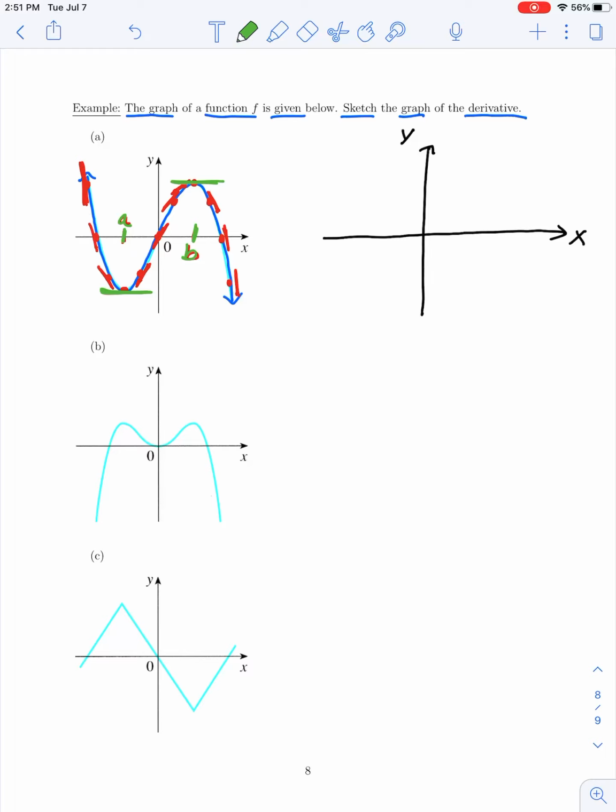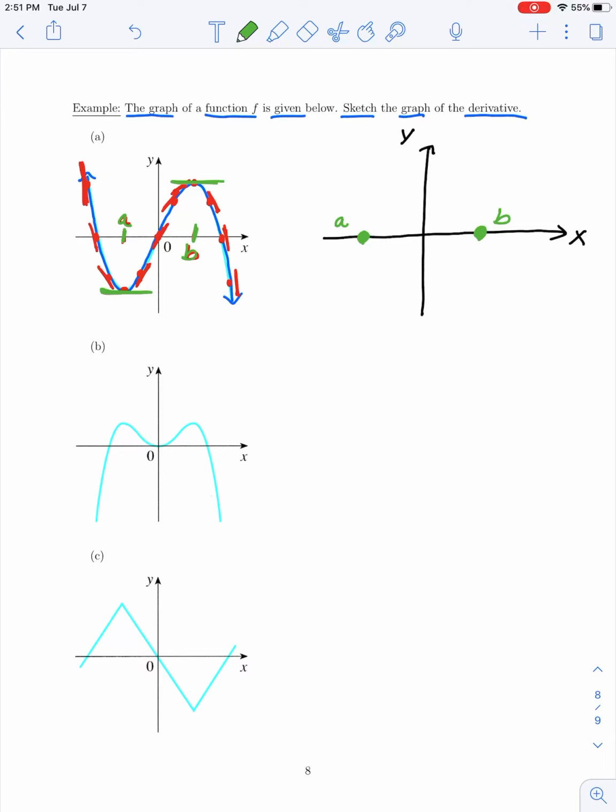So the derivative at those points, a and b, should be 0. That is, I have my graph of the derivative intersecting the x-axis, or my y value for the derivative is 0 at x equals a and b. Now let's think about what the derivative looks like in between these points.